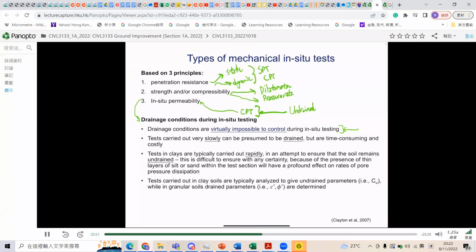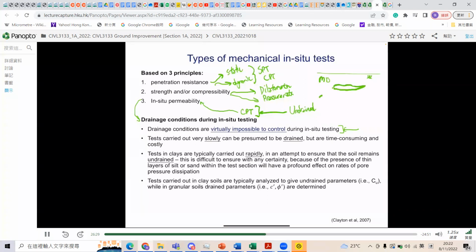That's the second point. Now, if we carry out tests in clay, it's unlikely that we can get drained conditions anyways. So we might as well just assume undrained and carry out these tests with rapid loading. And the more rapid we apply the loading, based on very low permeability clay, we might as well assume that it's undrained, right? Of course, this is not something you can corroborate with any certainty, because even in marine deposit material in Hong Kong, you're not going to get a homogeneous material.